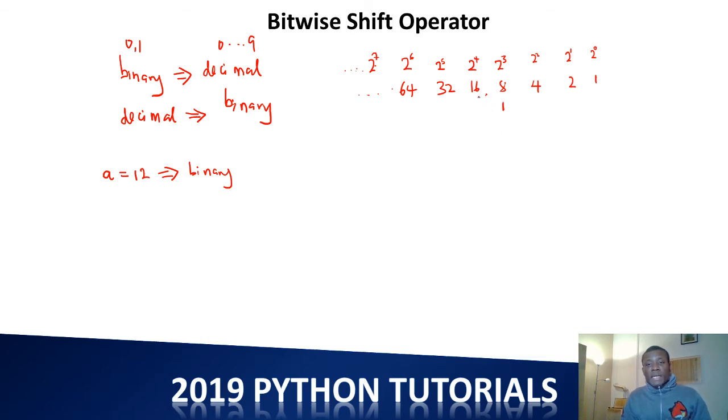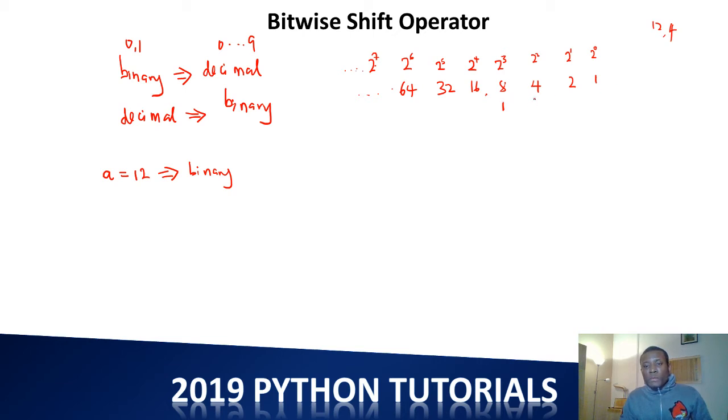So the first step, check in the binary line where 12 falls and where it belongs. So put 1 there. The next thing you want to do is to subtract 8 from 12, and what is left will be 4.